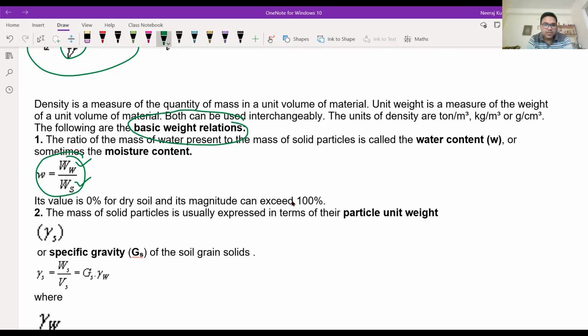Similarly, if we want to find out the unit weight of the soil.